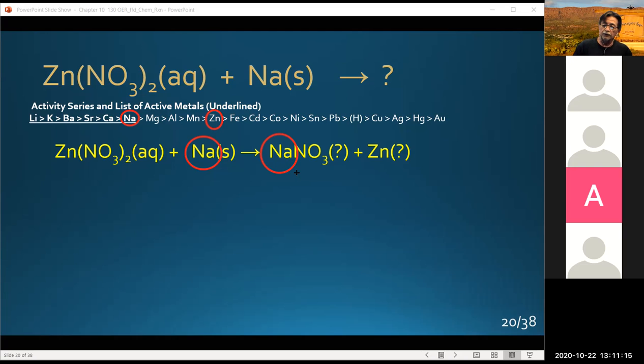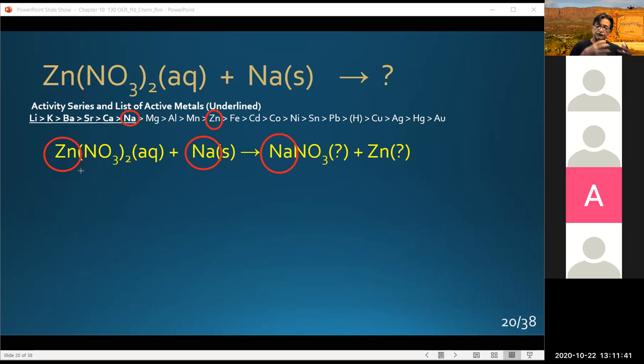Okay? Now, what's the oxidation state of zinc when it's zinc nitrate? I just mentioned that. No, zinc nitrate. What is the oxidation state of zinc in zinc nitrate? What is each nitrate charge?